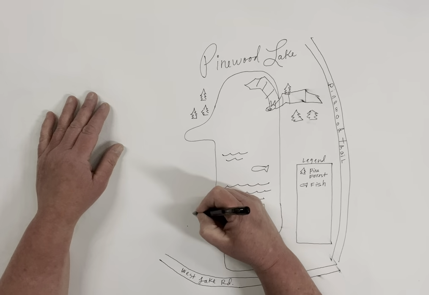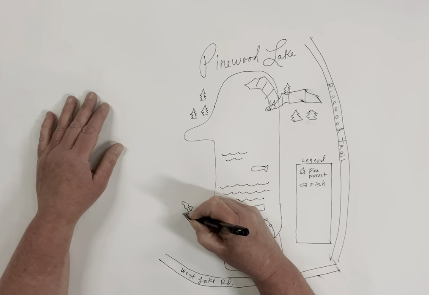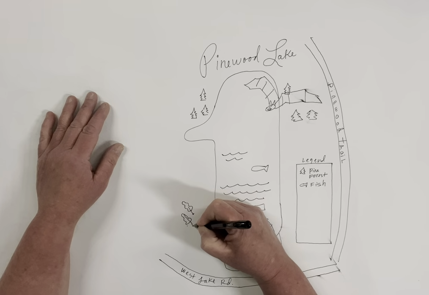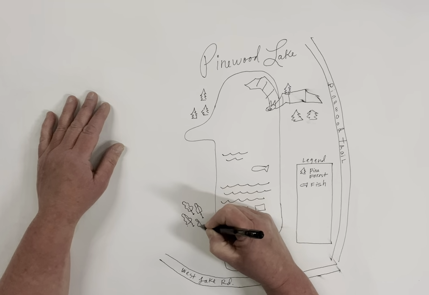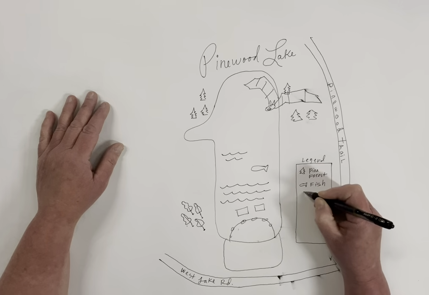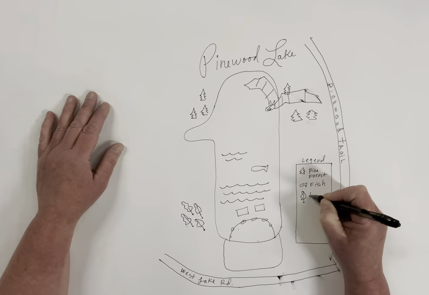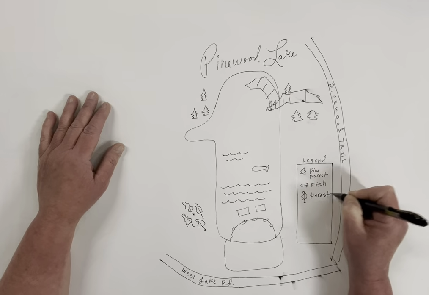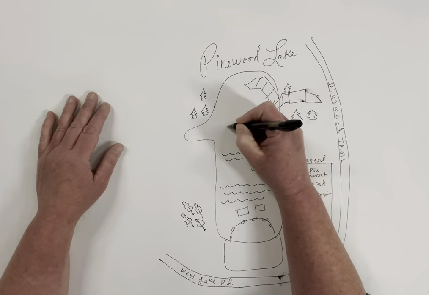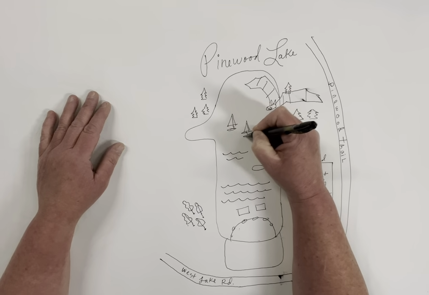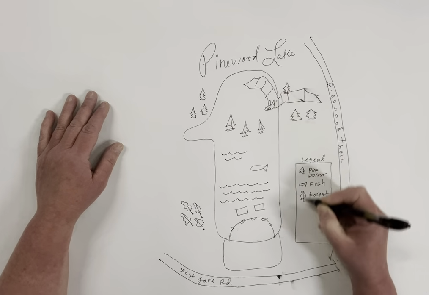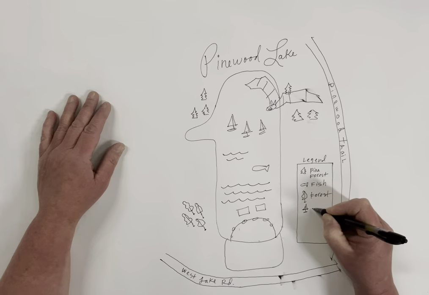And then over here is a different type of forest that doesn't have pine trees in it, and I'm putting like an oak, I forget if it was elm tree or oak leaves, so regular forest. And then in the summer there's some sailboat races, so I'll put those in here. I can add that to the legend.